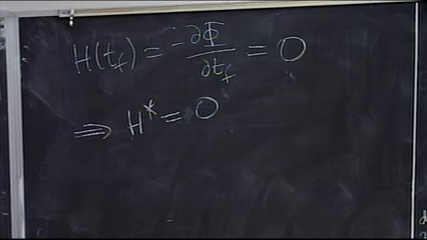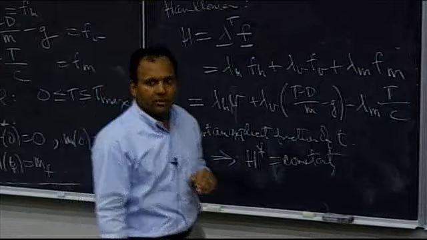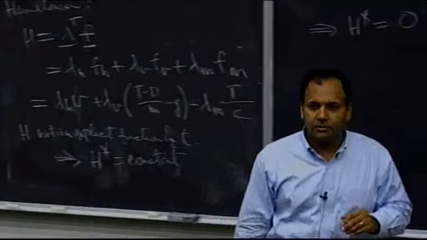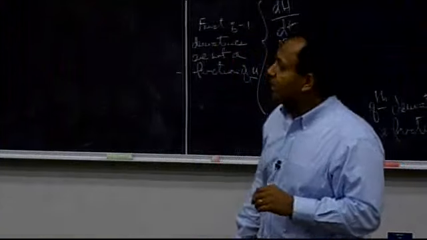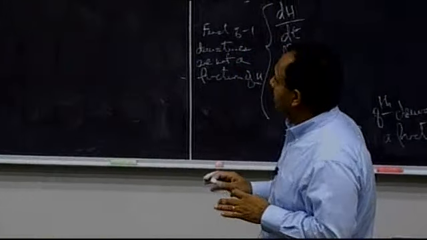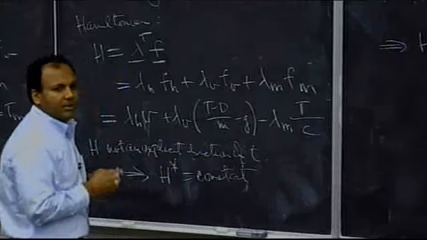What else do you know? Okay, that's true. That's not really the first thing I was looking for, but we do need it eventually, so we'll use it. But there's something more fundamental that I want to know. Tell me something else about this Hamiltonian. Yeah, so what if I take dH dt in this equation, do I get any information about the thrust?